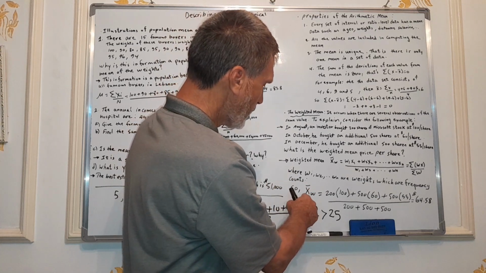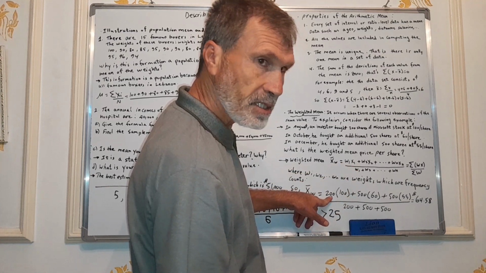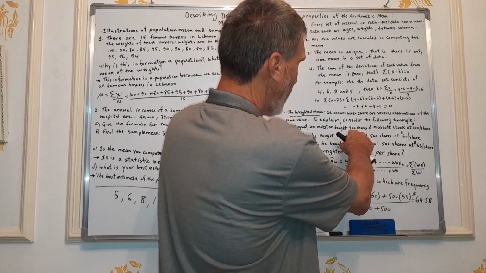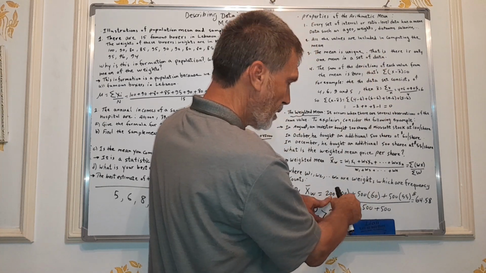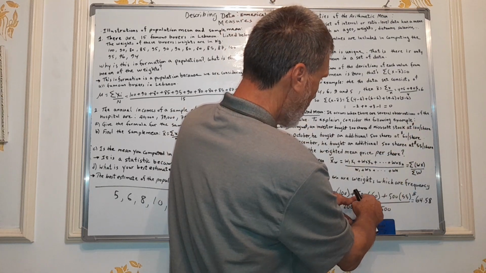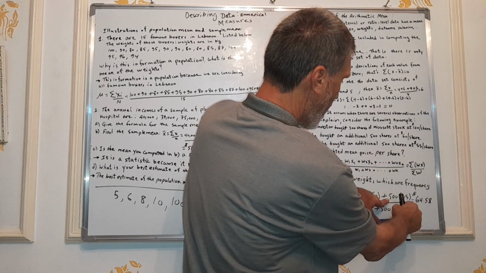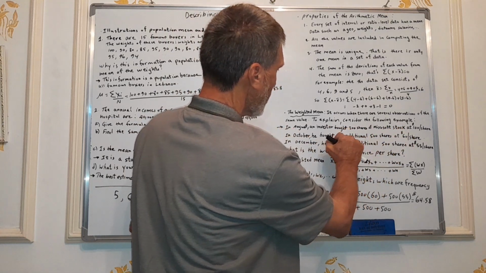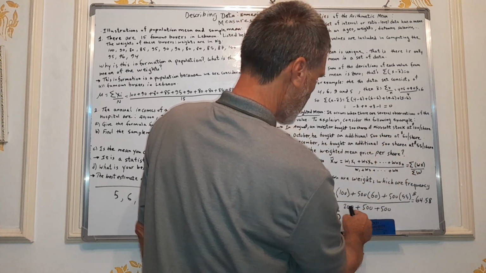Now, what you do here: X bar sub W is going to be equal to 200. These are the weights, the frequency counts. How many observations are counted here? 200 with the same price. So it's 200 times X, which is 100, plus 500 times 60, plus 500 times 55, over the sum of the weights: 200 plus 500 plus 500.